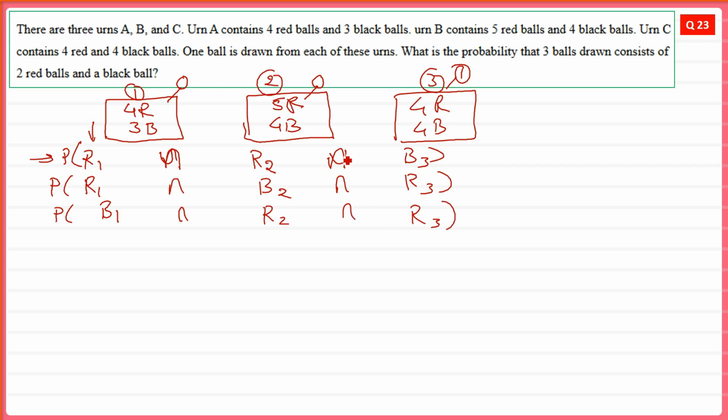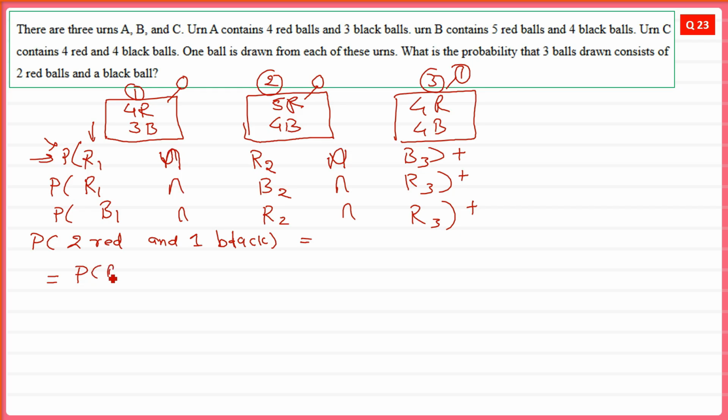Now these are 3 different terms which are going to be added in order to get 2 red balls and 1 black ball when 1 ball is drawn from each of these urns. So we will write the probability like this: probability of 2 red and 1 black equals, now you have to write everything. I'll show you what you have to write, because in probability theory, writing is very important, as there is no formula here, just logic and reasoning.